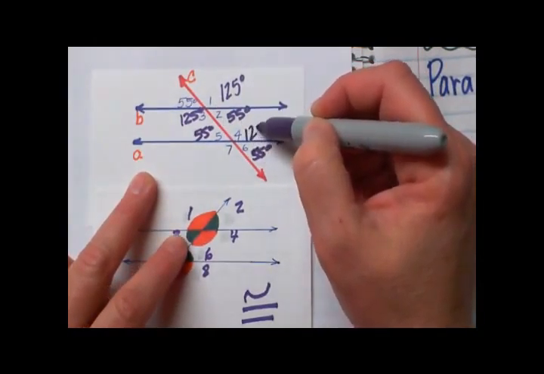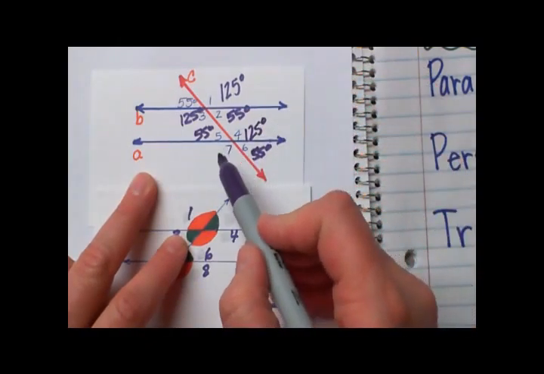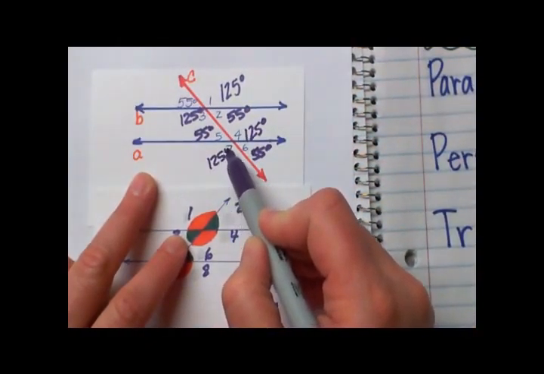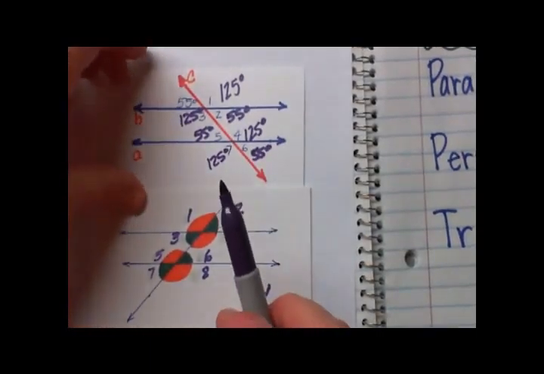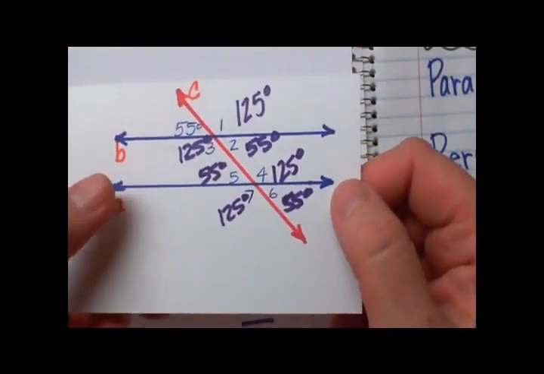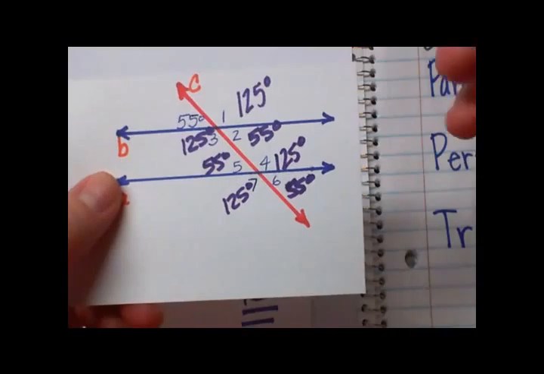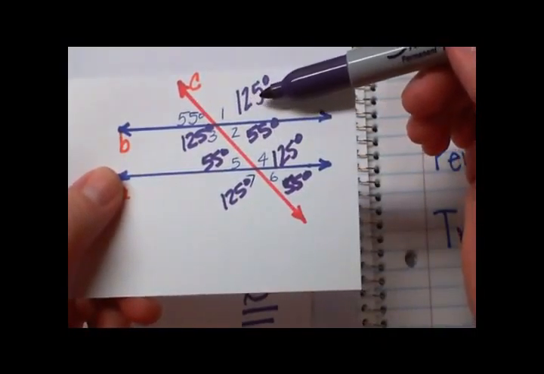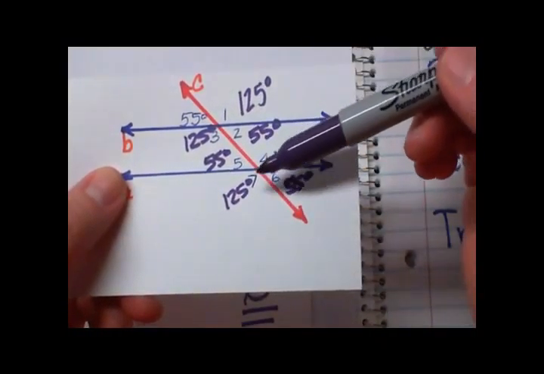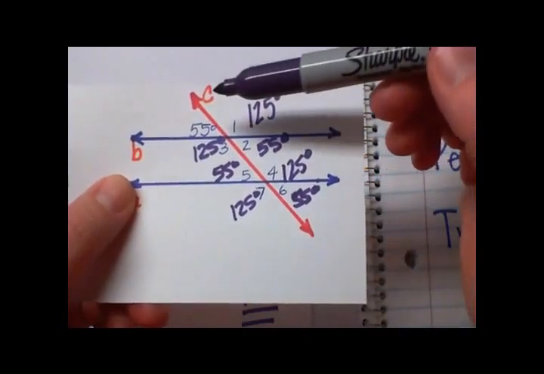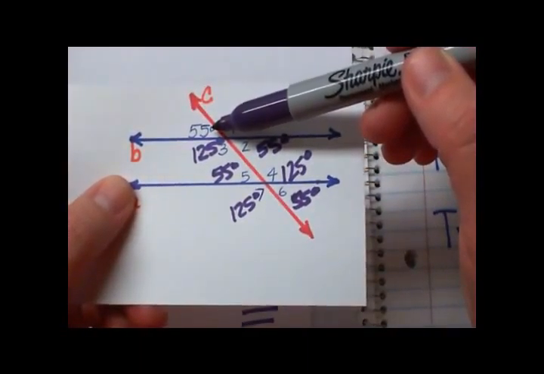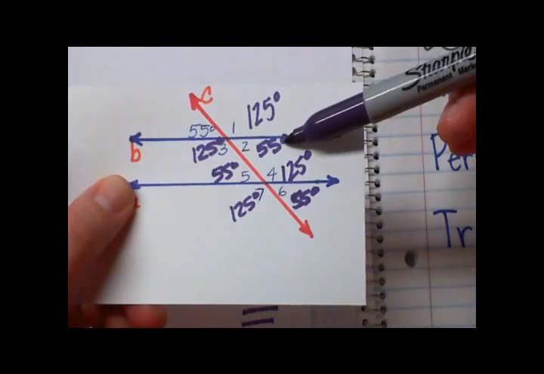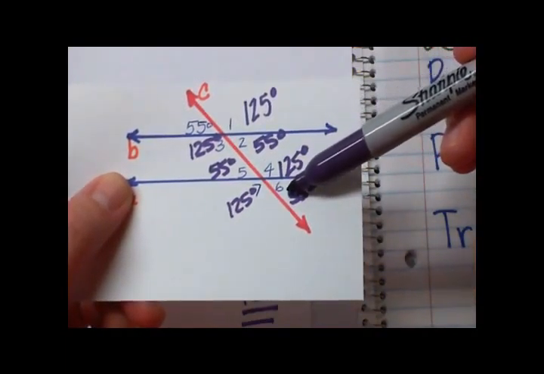So I can write 125 on each one of those. I know it looks a little bit busy, but it's really not. It's just the same two numbers repeating. 125 here, here, here, and here. And 55 degrees on the smaller angle here, here, here, and here.